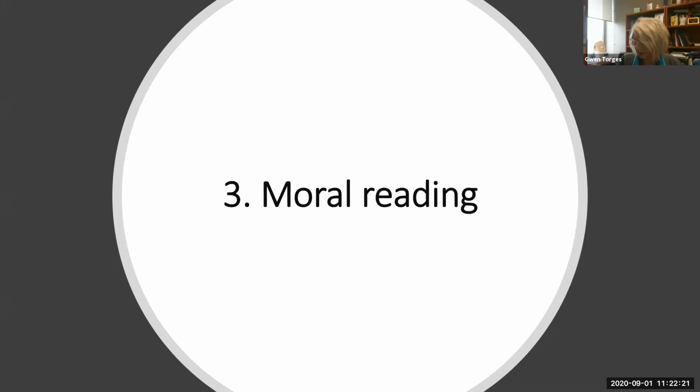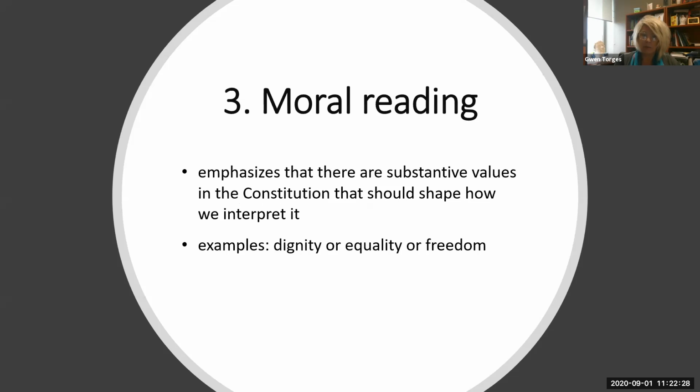And scholars like Dworkin are fond of this one. And basically, Dworkin argued that, yeah, there's some core processes that are described in the Constitution, but more important than that, there are also substantive core values, core moral ideas or values that are embedded in the Constitution. And that should be the backdrop for interpreting what the Constitution means.